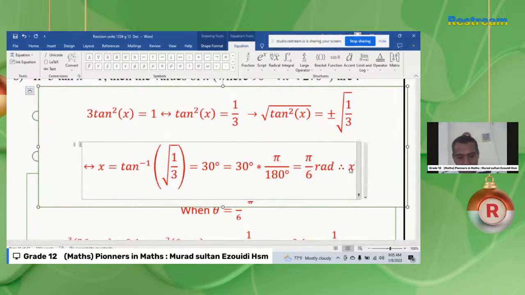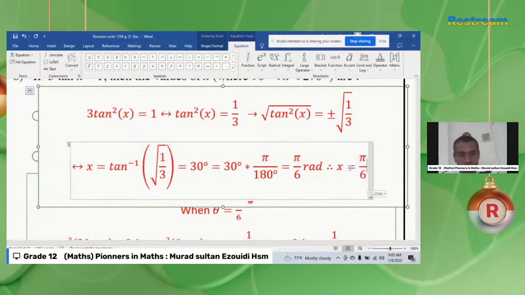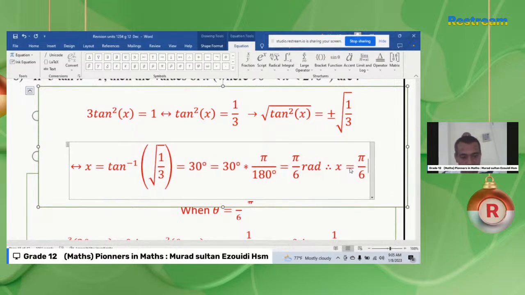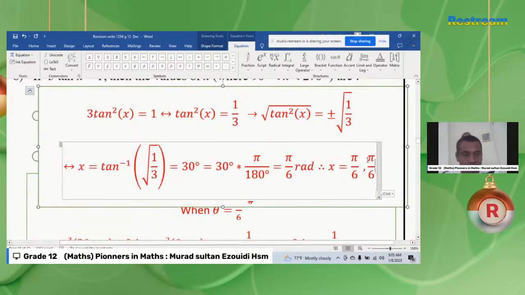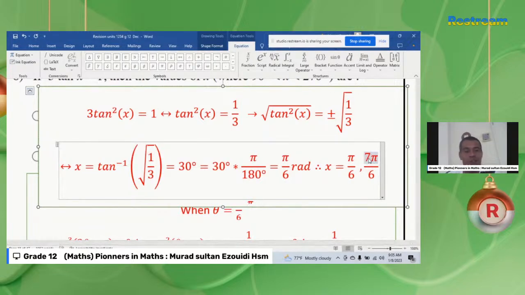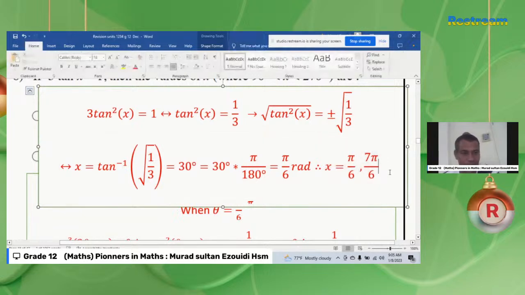Therefore, x equals pi over 6 or 7 pi over 6, simply because you are going to add pi.